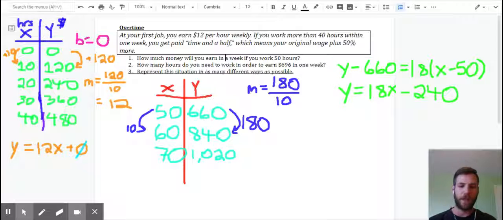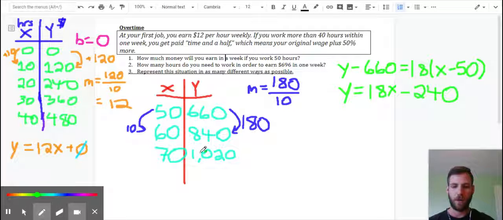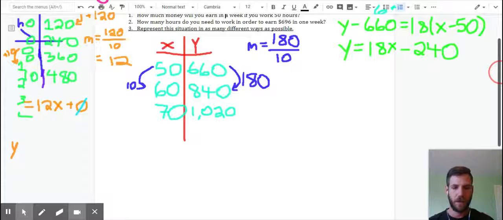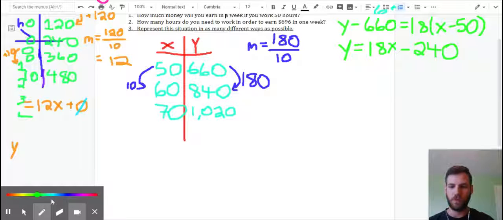And that's kind of what is going into a piecewise function, where you have one word problem, but within that word problem, you have separate situations and separate scenarios that need their own equations. So what we would do would be to scroll down a little bit on our page, and we need to write down our equations.